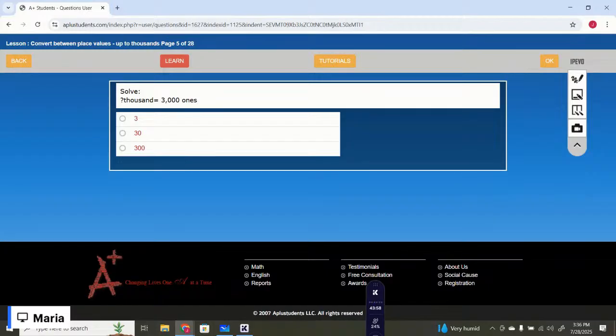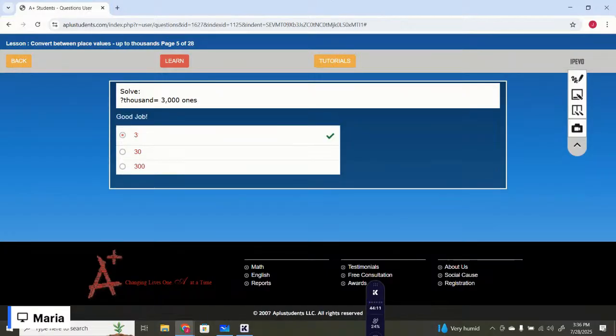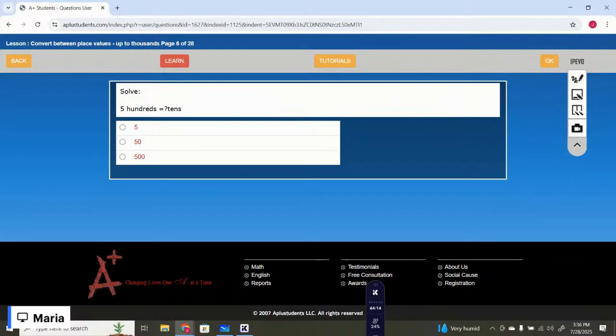3,000 ones equal 3,000. Option number 1 is the correct option. 500 is equal to how many tens? 500 equals 50 tens. Option number 2 is the correct option.